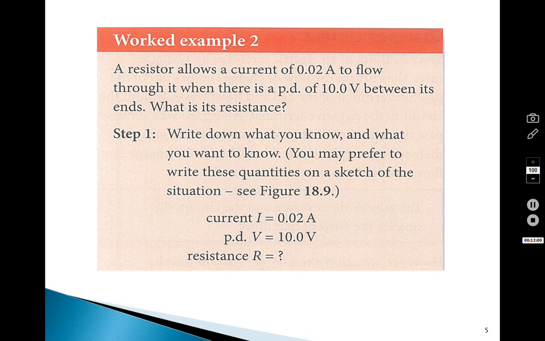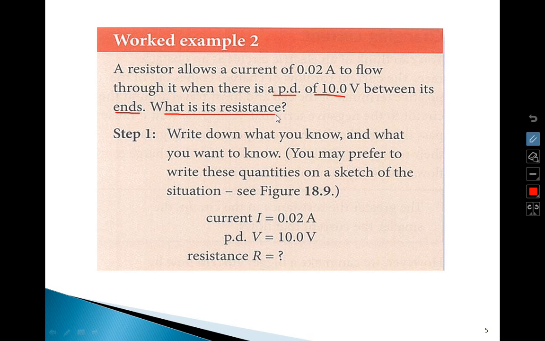What we have here is a resistor that allows a current of 0.02 ampere to flow through it when there is a PD, or voltage, of 10 V between its ends. So there is 10 V between the ends of this resistor.